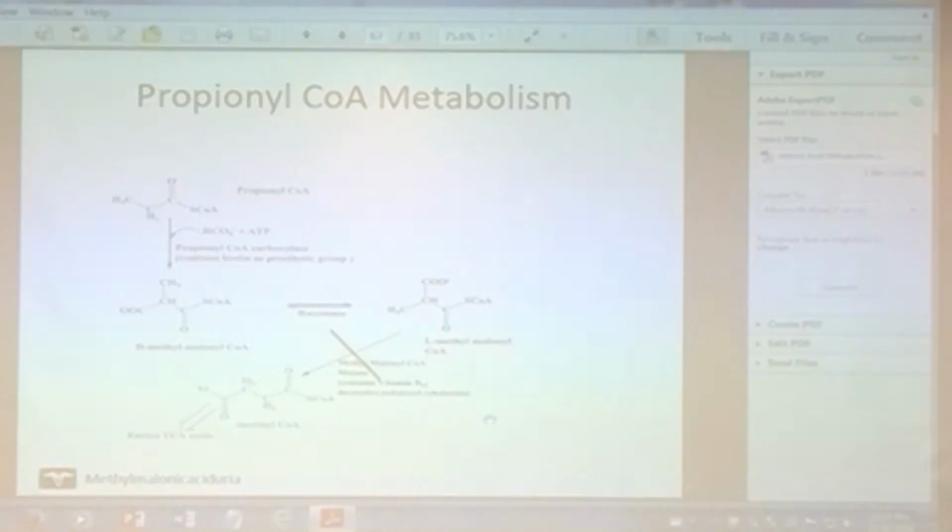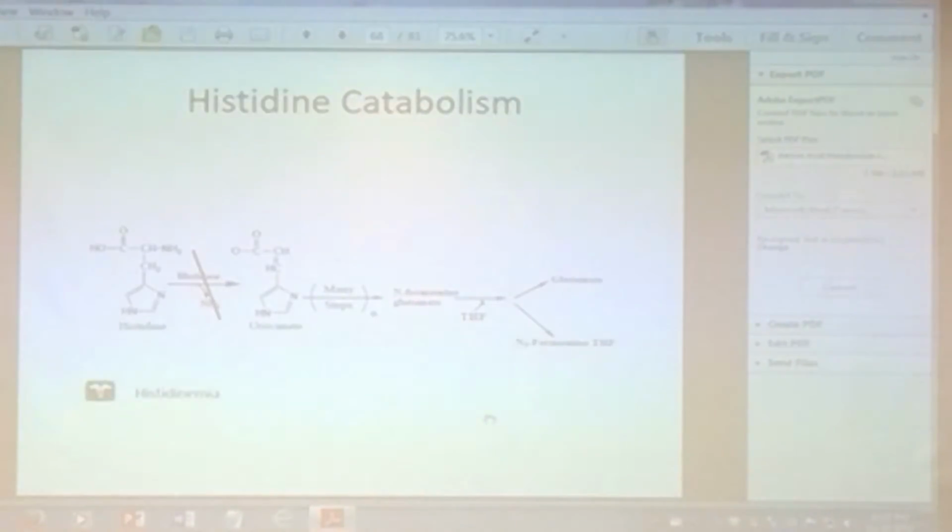Okay, and then we talked about propionyl-CoA metabolism, where propionyl-CoA is converted into methylmalonyl-CoA and then succinyl-CoA. And then this connection here, methylmalonic aciduria. And then histidinemia, where you lack the enzyme histidase and you cannot make urocanate, and that's a problem if it is a skin tissue, also downstream.